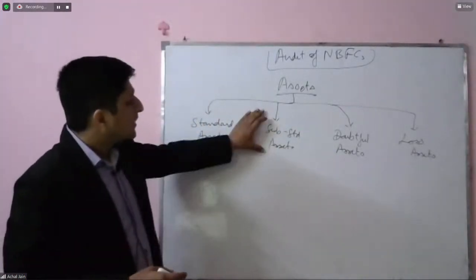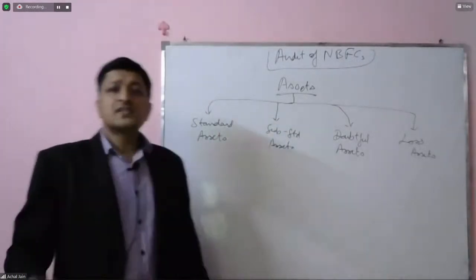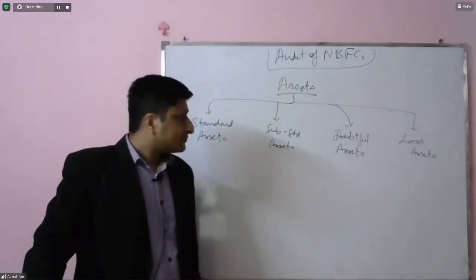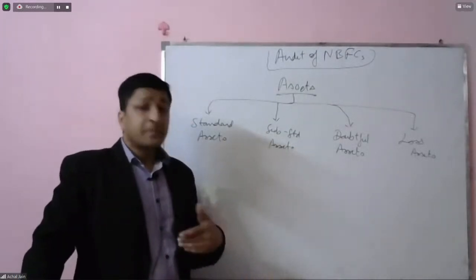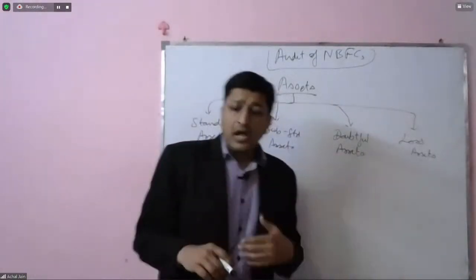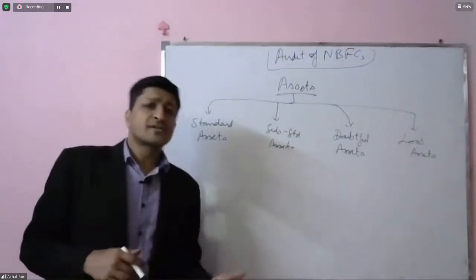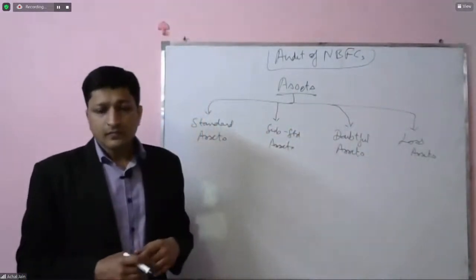So the first category, when the asset could become bad, is considered to be substandard. Then after substandard, if it becomes worse, it is called doubtful. After doubtful, when it becomes worst, it's called a loss asset.